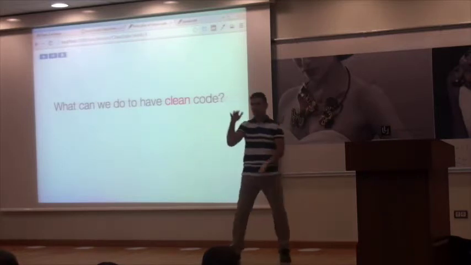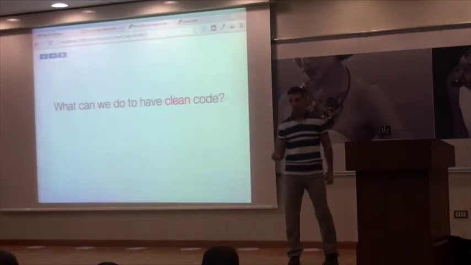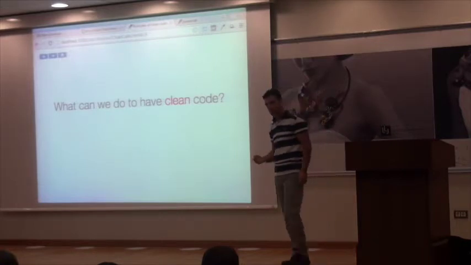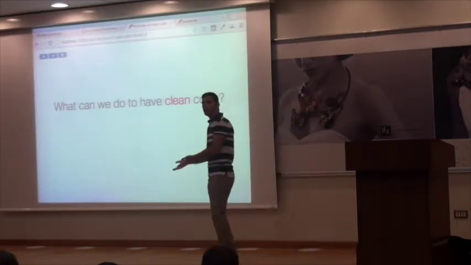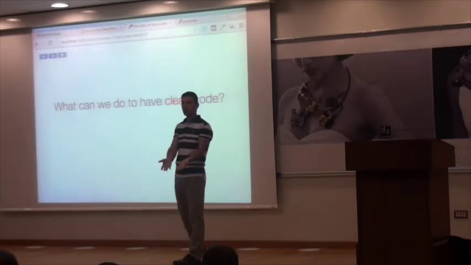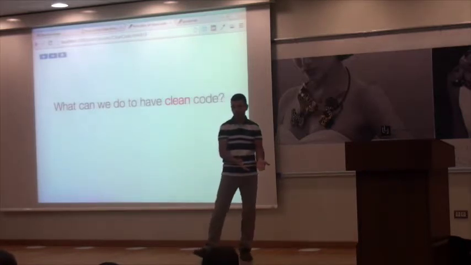So how can I write less code? Well, one way to do it is to use libraries and frameworks. That's effectively what libraries and frameworks are there for: to make your lives as engineers easier.